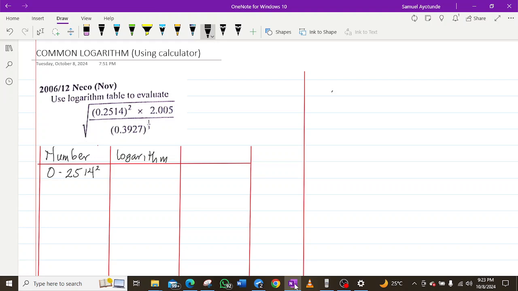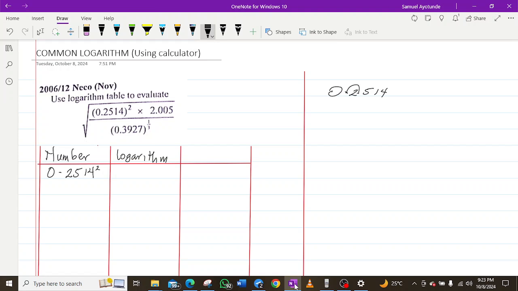So as we know, find the characteristics first by counting how many steps the point is from after the first tangible number. The first tangible number is 2. So if we count from there to after 2, we have 1 step.